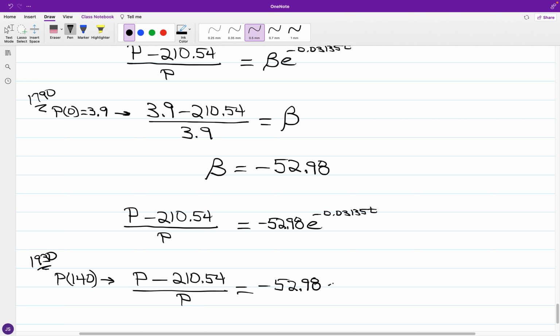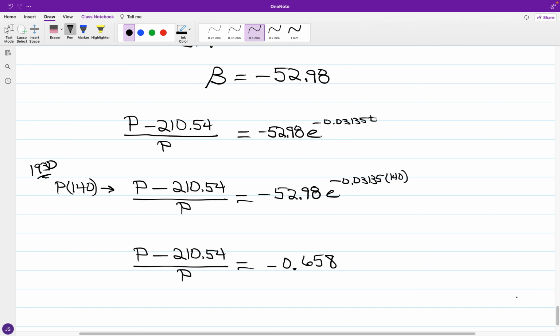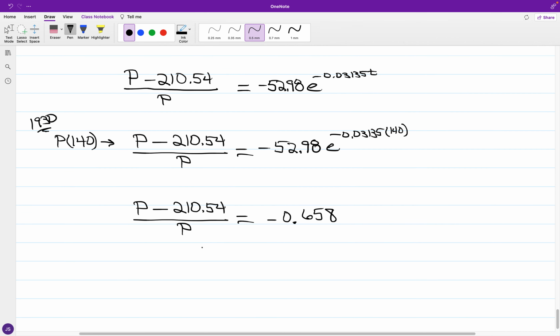There was quite a bit of number crunching involved. This ratio is equal to, to the nearest three decimal places, about negative 0.658.